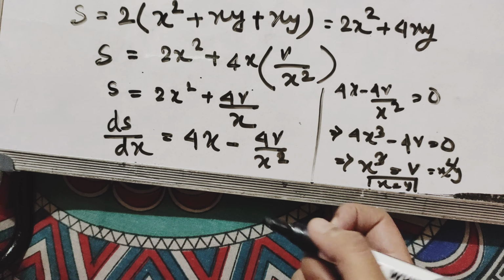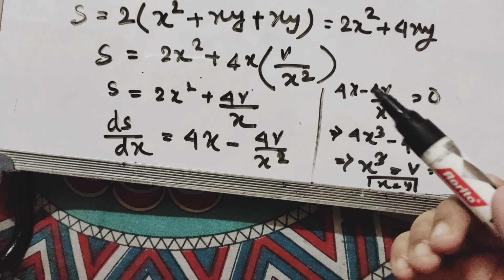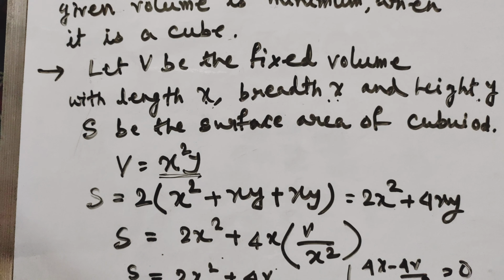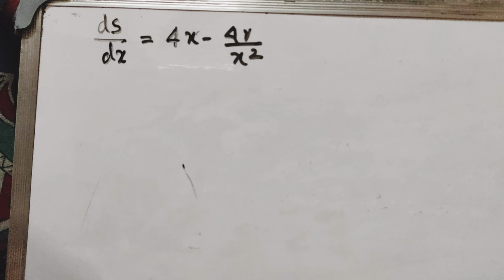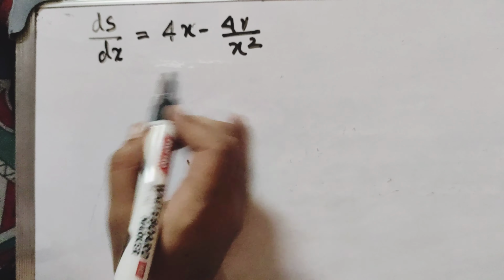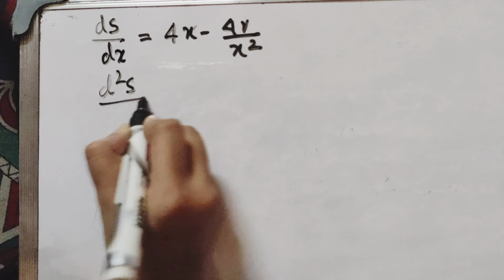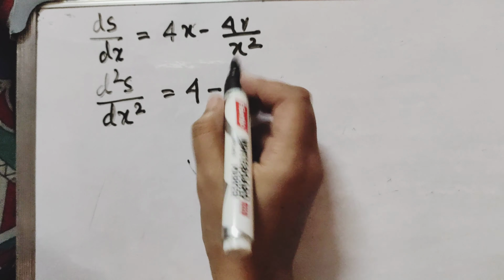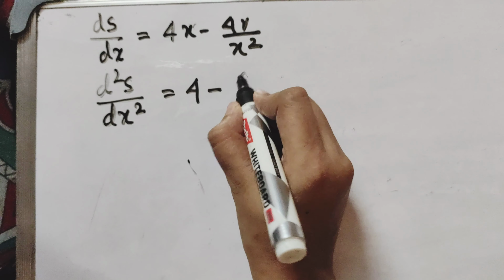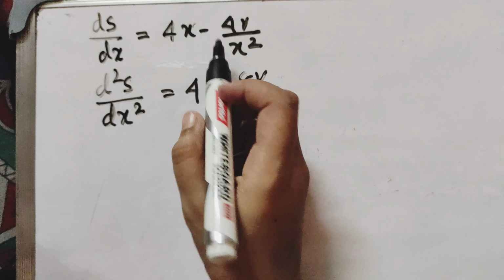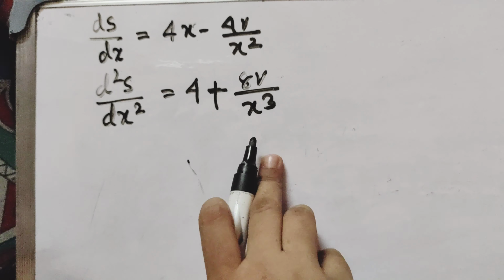Now if we differentiate both sides with respect to x again, we have dS by dx equals 4x minus 4V by x squared. So d squared S by dx squared equals 4 minus 8V by x cubed with negative sign, so minus minus plus, right?